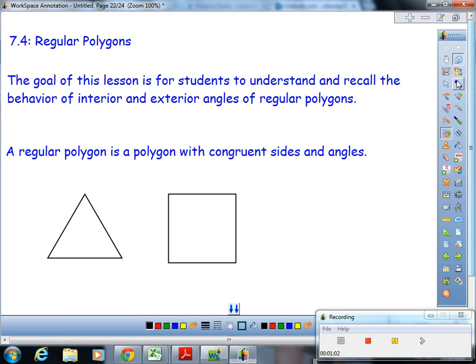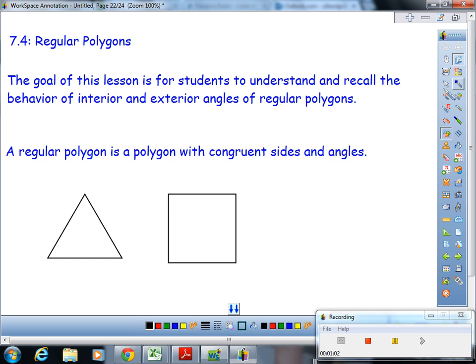One thing that's important to remember is if a triangle is equiangular, then it has to be equilateral. But that's not true for any other shape. You can have an equiangular quadrilateral. It's a rectangle. It's not necessarily regular.